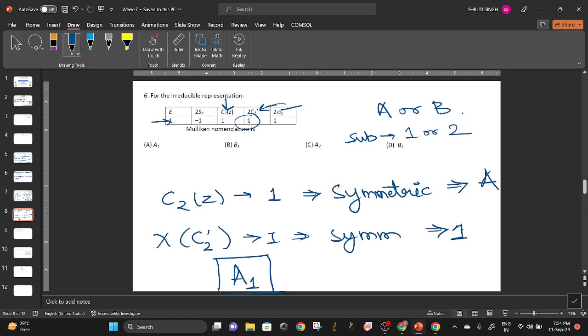Had there been a molecular plane, we would have written prime or double prime based on whether it is symmetric with respect to the molecular plane. Means had there been an operation sigma h, if it is 1 or -1, we would have added prime or double prime. Okay, but this thing is not there.